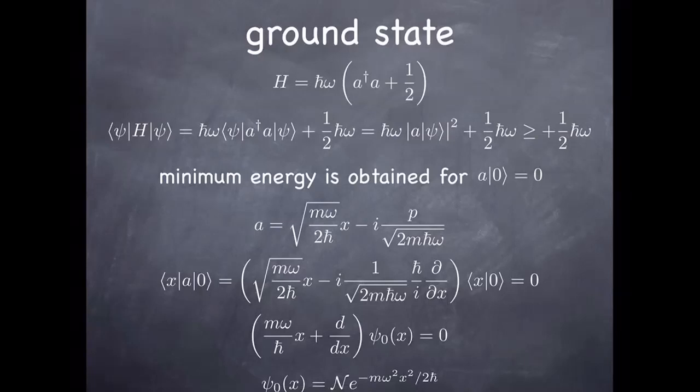What that means is that the wave function should be given by exponential of negative m omega x squared over 2 h bar, so that the x derivative will pull out the x squared derivative, which is 2x. The 2 cancels the 2 downstairs, so that it exactly gives you m omega over h bar.